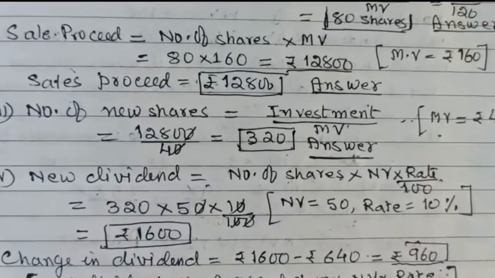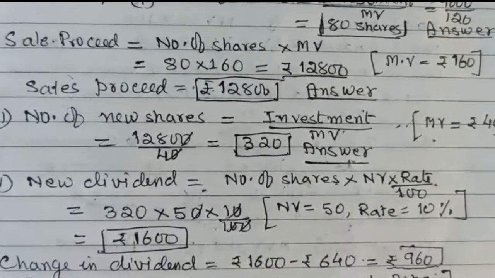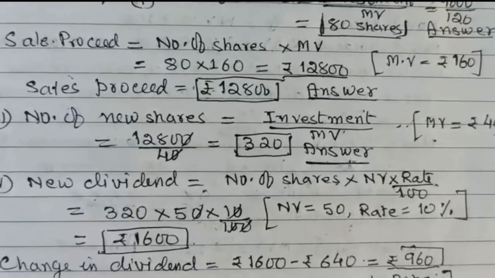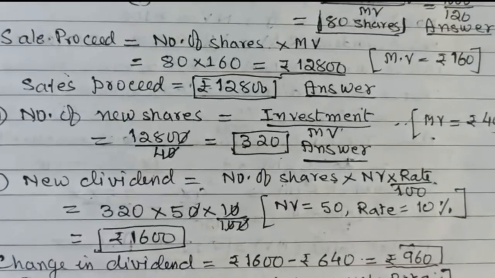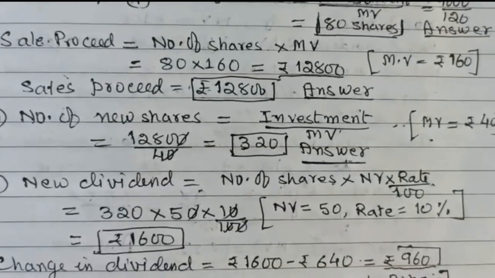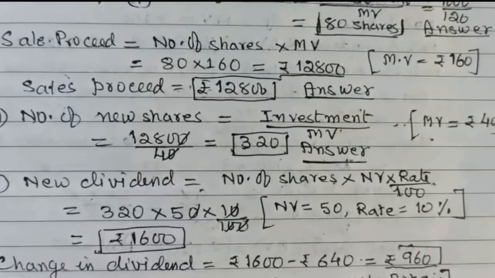Now third part, he invested his sale proceeds, that is 12,800, in buying shares of another company whose market value is 40. So we have to find out the number of new shares.